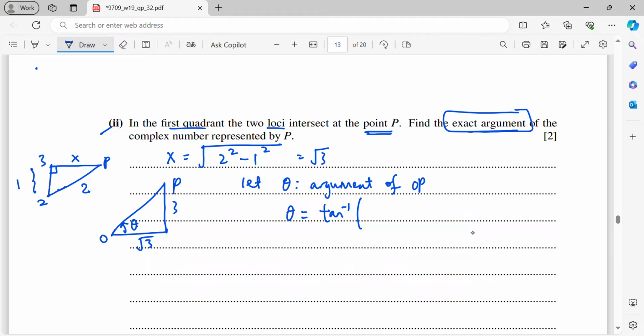Because tangent theta is 3 over square root 3. So the argument is arctangent of 3 over square root 3. Then this is arctangent of square root 3. And now, because of the exact argument, that is pi over 3. So that is the solution for part 2.